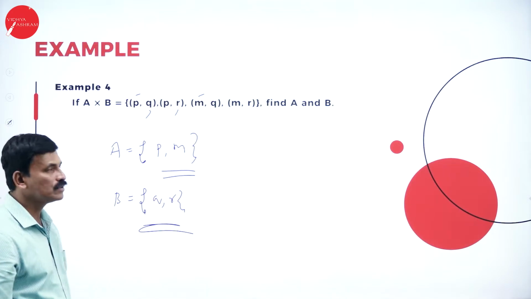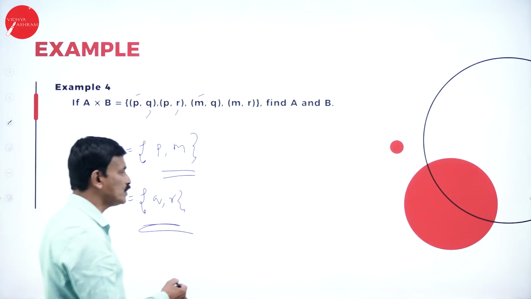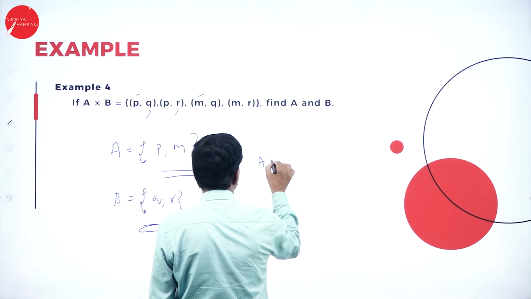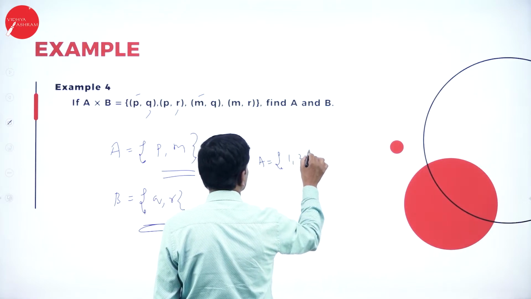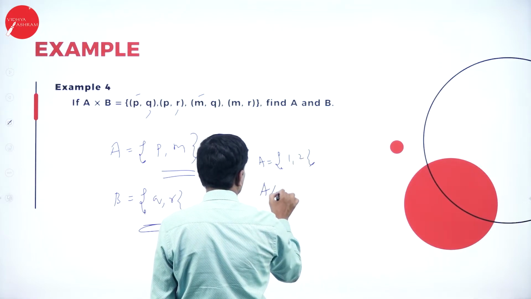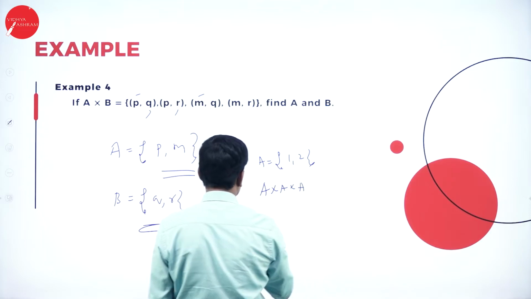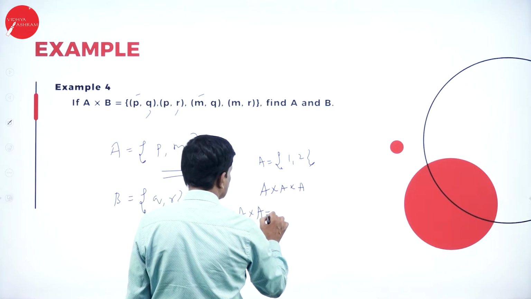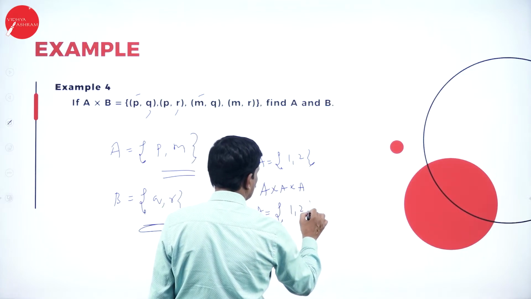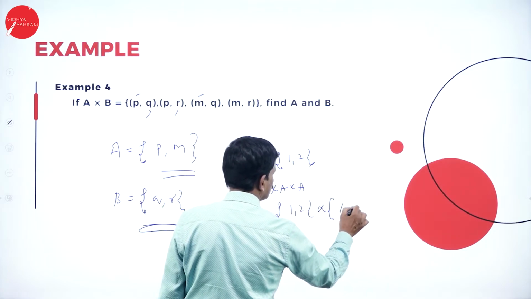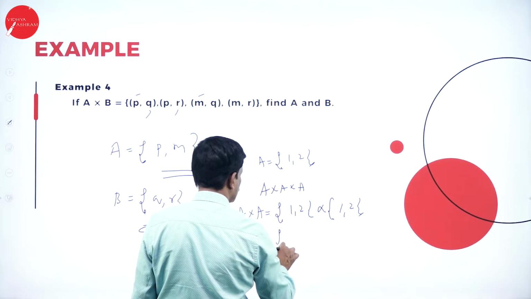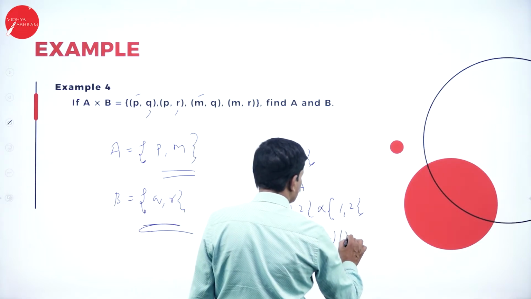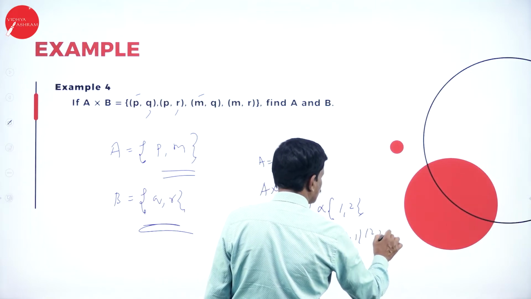Okay. Now suppose you want to write the triple product. Suppose A is equal to {1, 2}. A cross A can be written as, first write down A cross A: {1, 2} cross {1, 2}, the Cartesian product of these two, that is (1, 1), (1, 2), again (2, 1) and (2, 2).